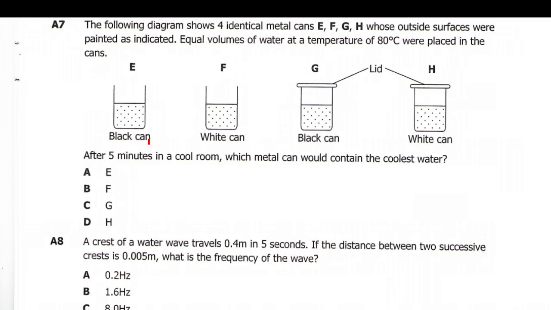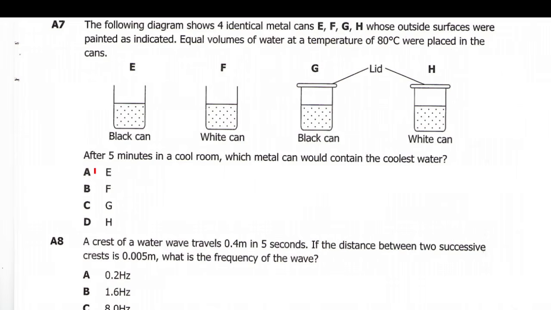So this can is painted black and it's open, and there's water which is at 80 degrees Celsius. Then also a white can which is open, there's water which is at 80 degrees Celsius. Then we have another black can which contains water which is at 80 degrees Celsius, but it is closed with a lid. And also we have another white can containing water which is at 80 degrees Celsius, but also closed.